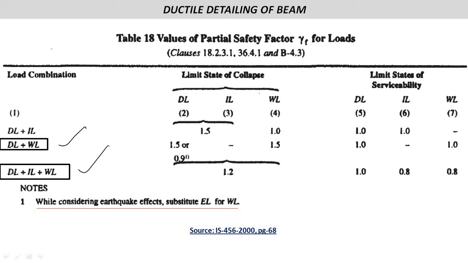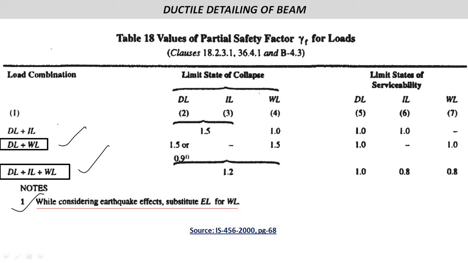The first load combination is dead load plus wind load, and the second combination is dead load plus live load plus wind load. Please must read this note. The note says that while considering the earthquake effect, we have to change the wind load to the earthquake load. So whenever wind load comes, we have to substitute it with the earthquake load.